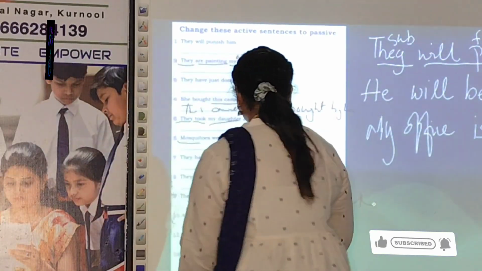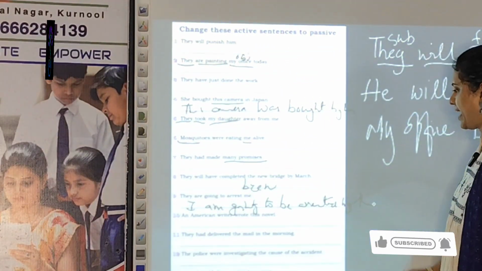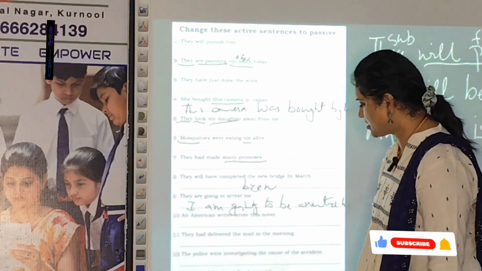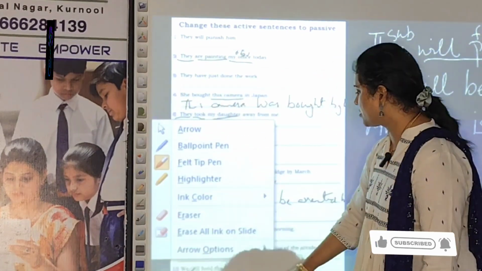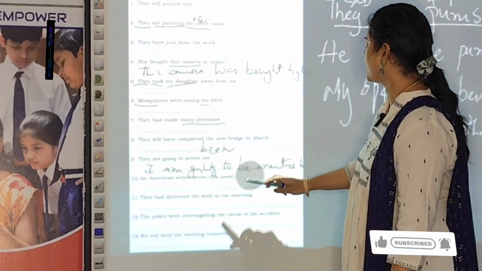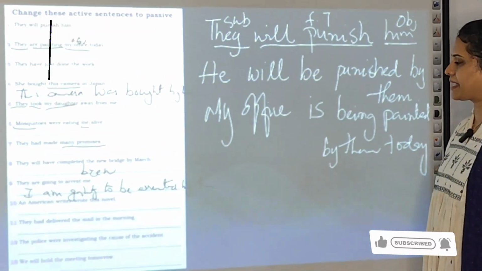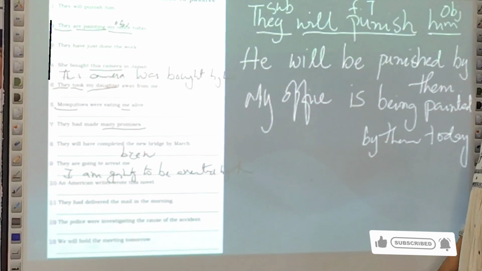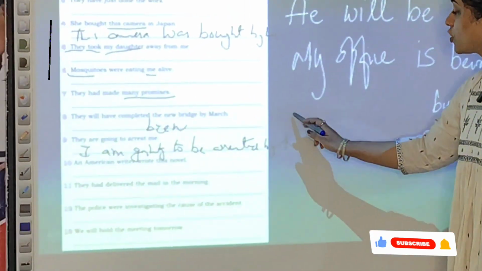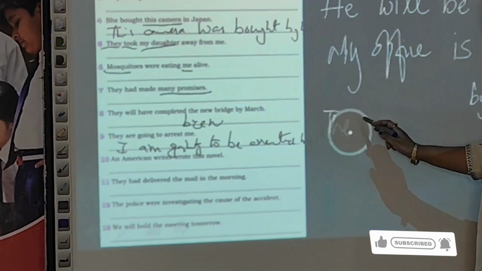The police were investigating the cause of the accident. Can you answer this? Try. So what is the subject and object here? The cause of the accident is the complete object.